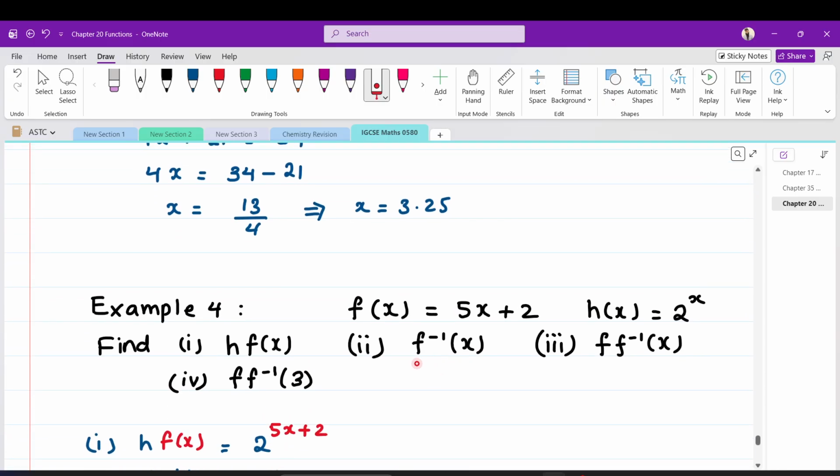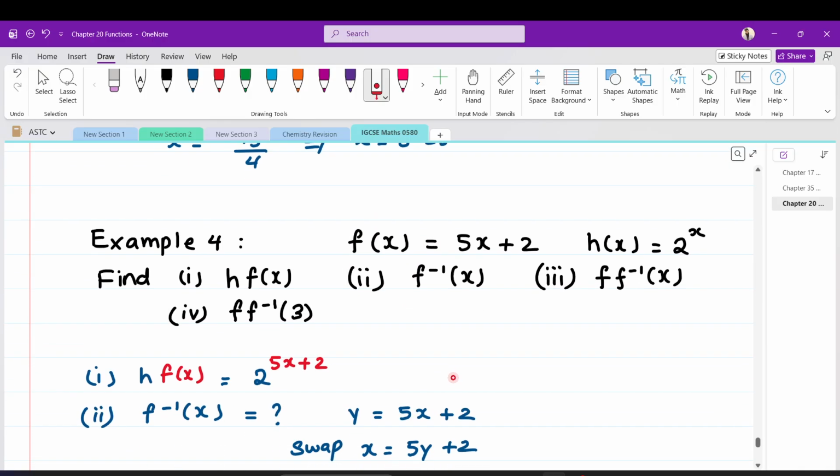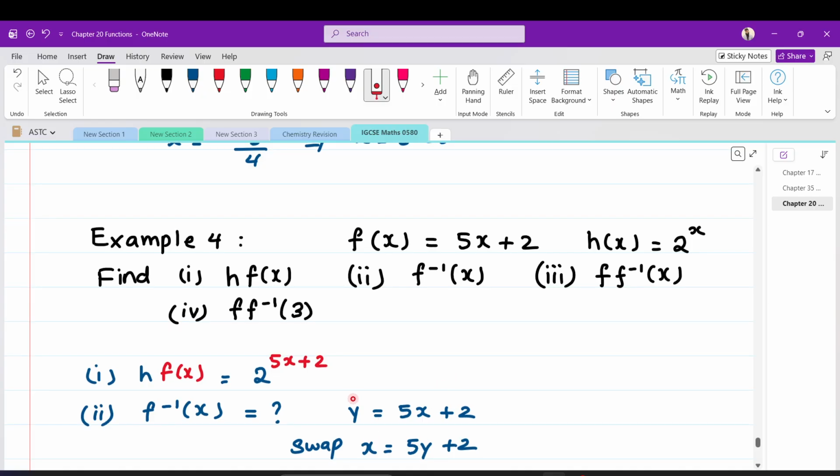All right, now here we need to find the f inverse of x. So how do we find the inverse? We use the 4-step process. Step number 1 is we replace f of x with y, so we have y equals 5x plus 2. Then we swap x and y, so this y becomes x, this x becomes y.